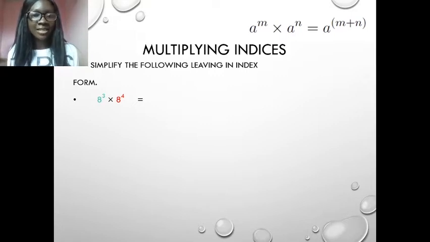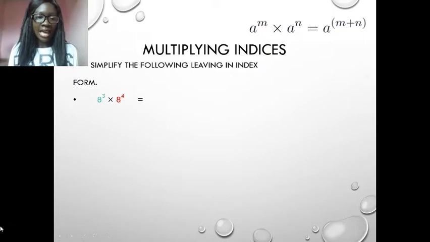We did this last time, but I just want to refresh our memory so that we'll all be on the same page. So I have here 8 to the power of 3 multiplied by 8 to the power of 4. Now this 8 to the power of 3, the 3 up here, which is called the power or the index, tells us the number of times we multiply the base, which is 8.